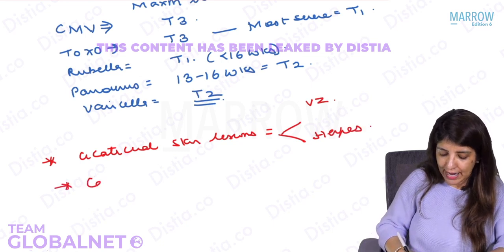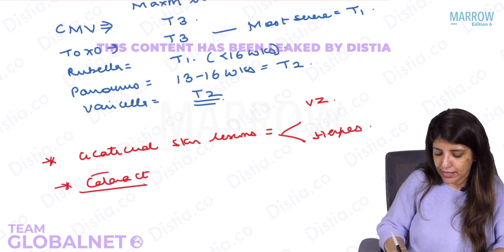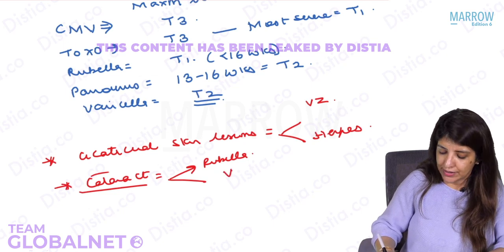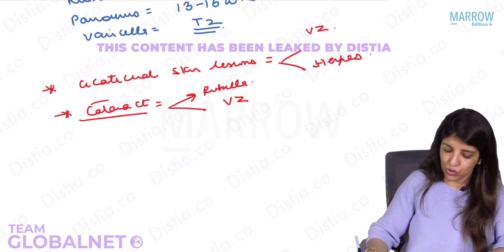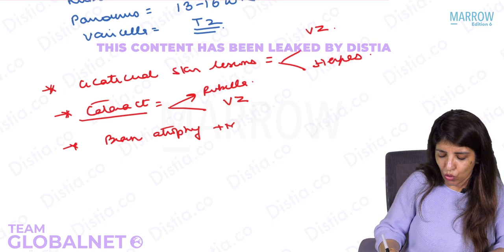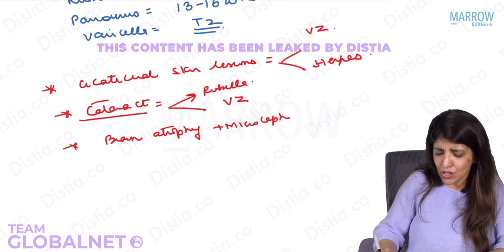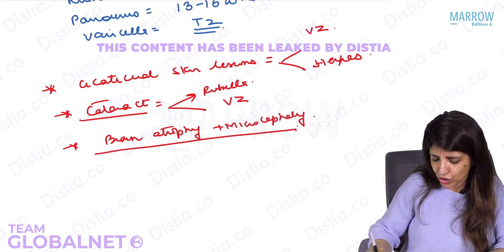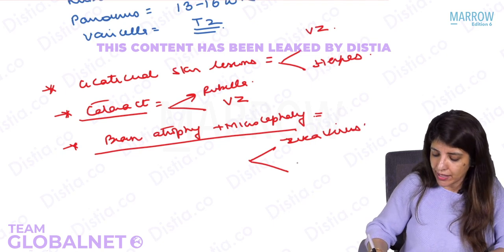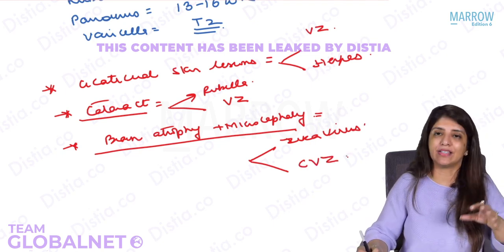Then cataract, if you are getting it in rubella, you are also getting it in congenital varicella zoster syndrome. Then brain atrophy and microcephaly. This is a very peculiar feature, and more commonly it is seen in Zika virus, and it is also seen in congenital varicella syndrome.